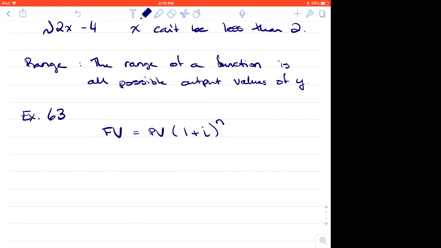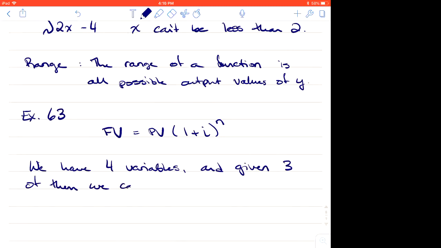So if we know 3 of them, we can solve for the 4th one. Okay? So we have 4 variables, and given 3 of them, we can solve for the 4th.